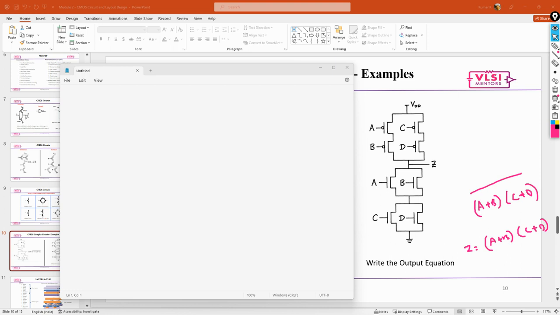Why only a few are answering? What about others? Okay, so a couple of them have answered it in the chat. Okay, (A plus B) into (C plus D) whole bar. First answer.